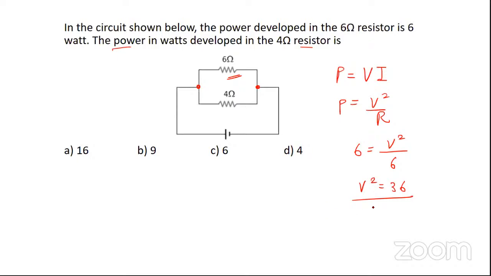This V square can be used to calculate the power for 4 ohms, that is P equals V square by R, that is 36 upon 4, which gives us the answer as 9 watts. So B is the answer. Clear to everyone?